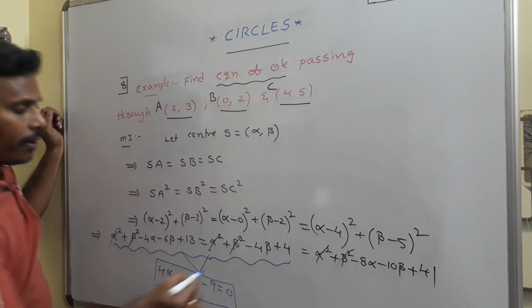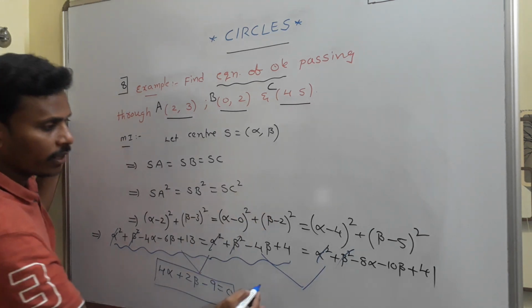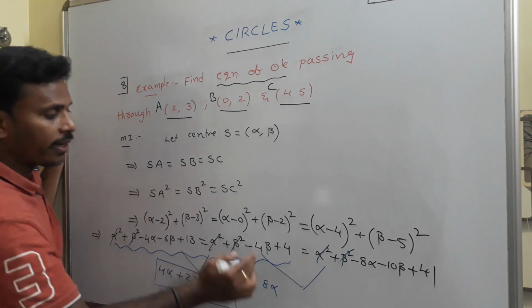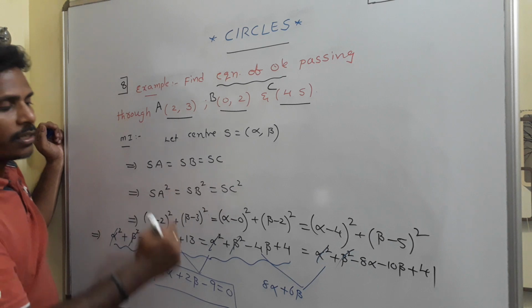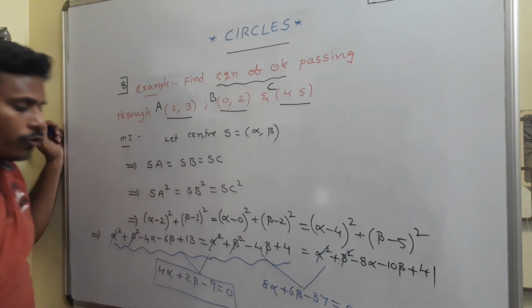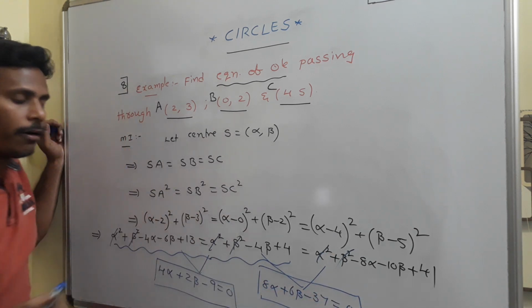And again, from these two relations, when you equalize, collect everything this side: 8 alpha, 10 beta minus 4 beta is 6 beta, and 41 this side. 4 minus 41 is minus 37, equals 0. So we finally have two relations between alpha and beta.